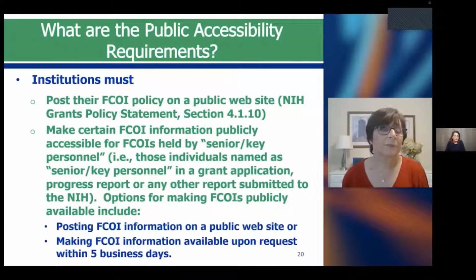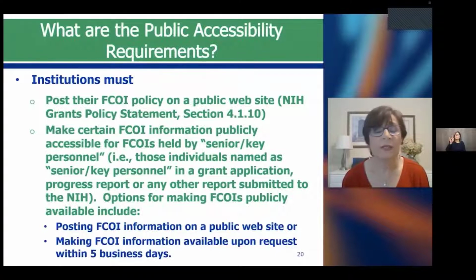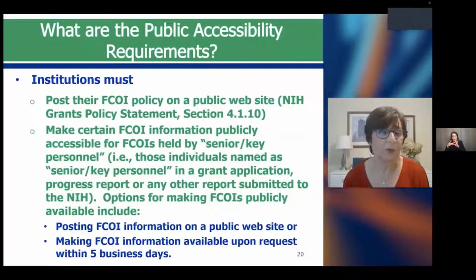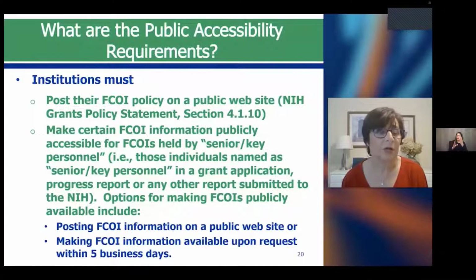What are the public accessibility requirements? The regulation specifically says that institutions have to post their policy on a public website, and this is provided in the NIH Grants Policy Statement in section 4.1.10. The other requirement is to make certain FCOI information publicly accessible for FCOIs that are held by senior key personnel.